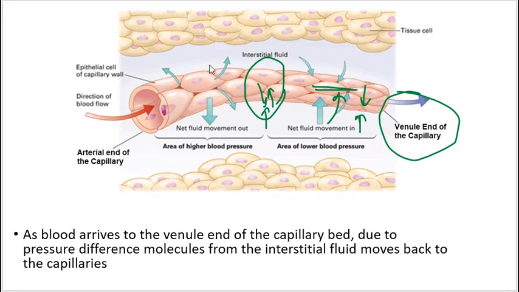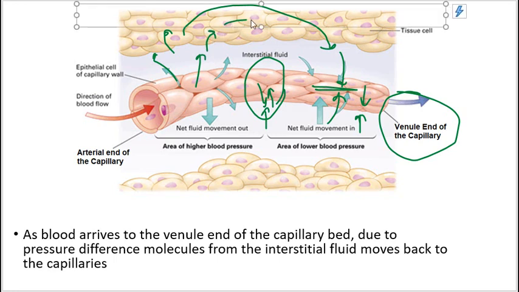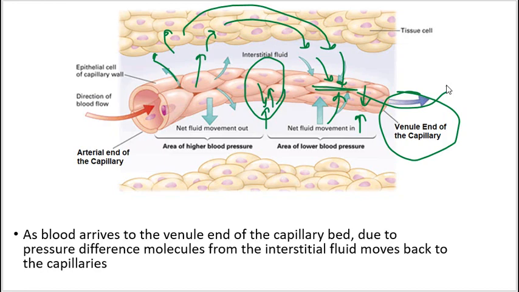So right now we're going to see what happens. Oxygen comes out, oxygen is used by the cell, which produces carbon dioxide that goes back in. Nutrients come out, say glucose comes out, glucose is used by the cell and produces some kind of metabolic waste, and that metabolic waste goes back in, and this is delivered back.